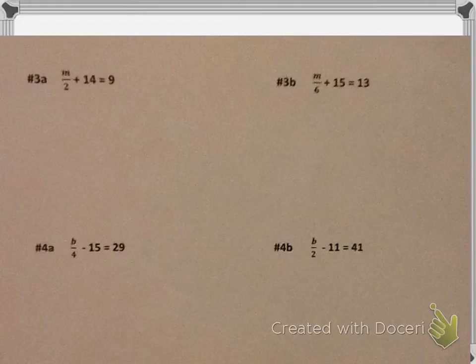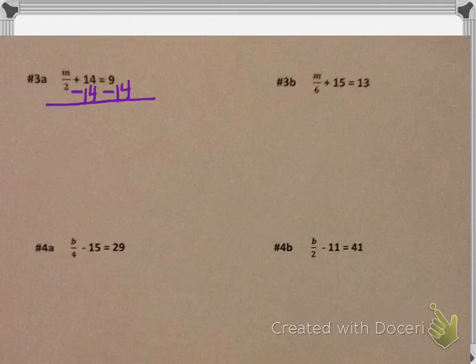So the operation has changed from multiplication to division, so we have to undo the division and we have to undo the addition. And according to our helpful hints, we always start with the addition. So we are going to do the opposite of adding 14, which undoes it. So we're going to subtract 14 from both sides.